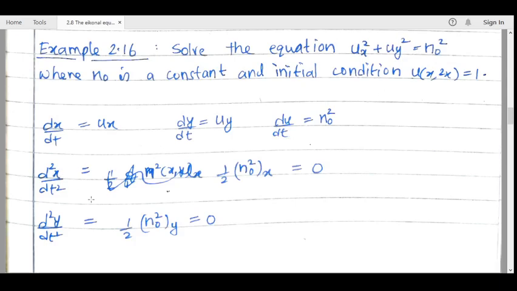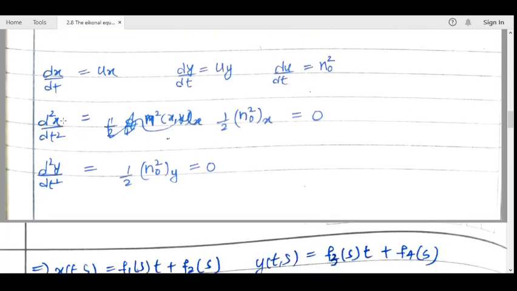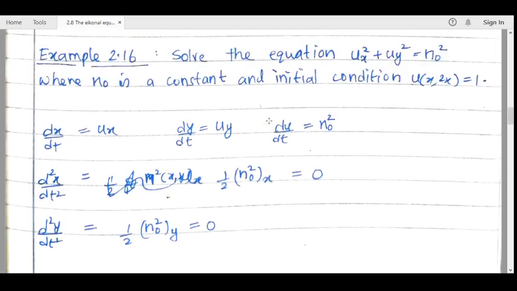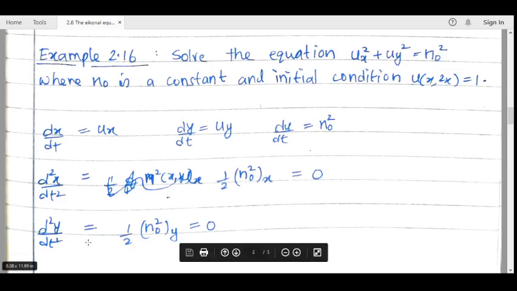Now from the theory, d square x by dt square is half the partial derivative of n naught square with respect to x. But n naught is a constant, so its derivative is 0. So d square x by dt square equals 0. Similarly, d square y by dt square is 0 because n naught is a constant.